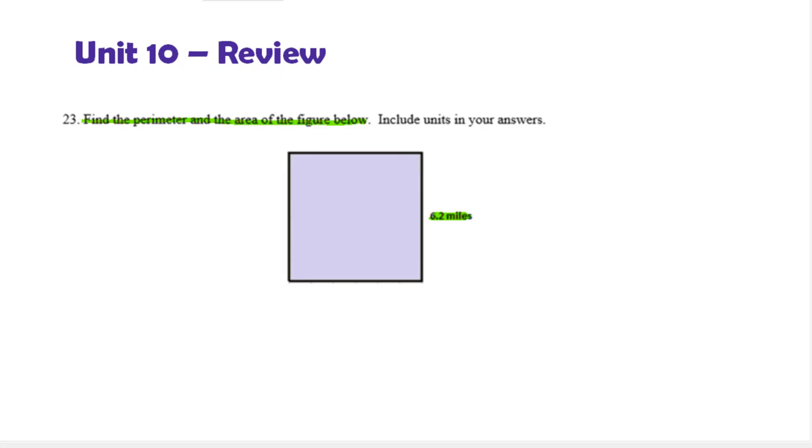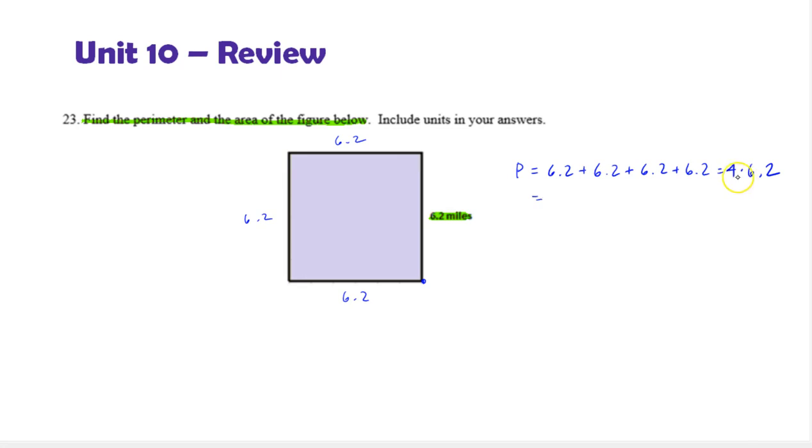Okay. So the perimeter of a square, there's a formula for it, but notice every side is 6.2 miles. So to go from start to finish, we'd go around 6.2 miles 4 times. We can add them up, and notice that this is equivalent to multiplying 4 times 6.2.